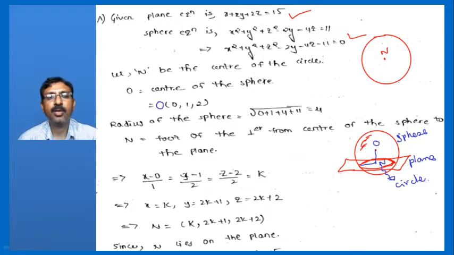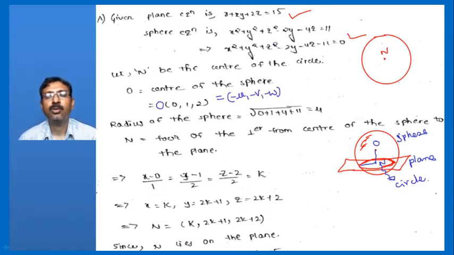Center of the sphere, using this equation of the sphere. So what is the formula for center? Minus u, minus v, minus w.